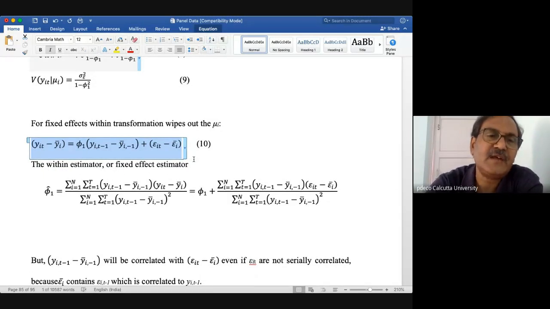Difference is, in your earlier model, in the right hand side, you have xit minus x bar I dot. We have used the symbol earlier. But here, in place of x, we are using yit minus 1 as an explanatory variable. Clear?